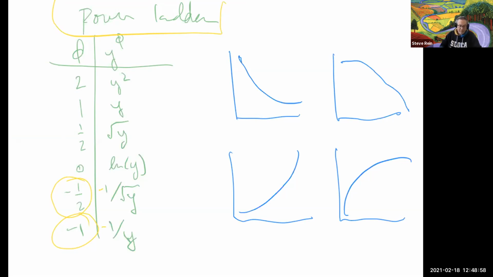Okay, so how do you fix it? For the upper left one, I could pull down the y's by phi less than 1, or I could pull down the x's by phi less than 1. X to the power phi and y to the power phi here.